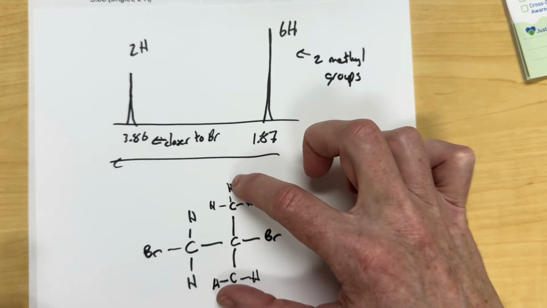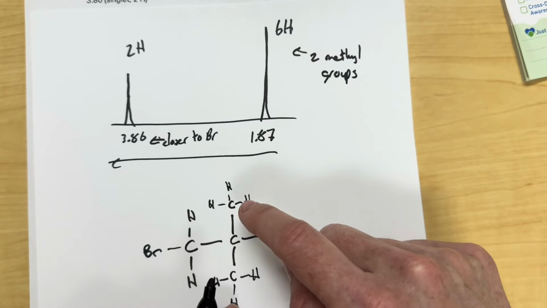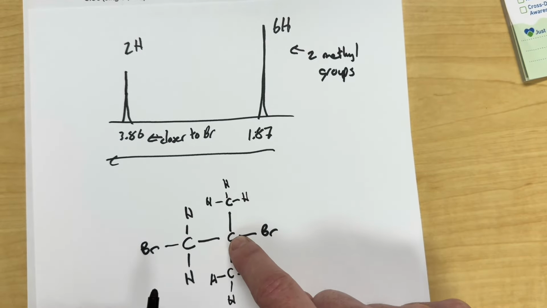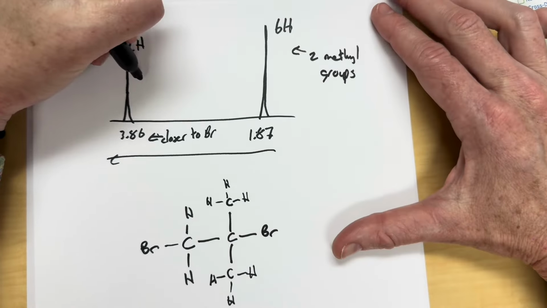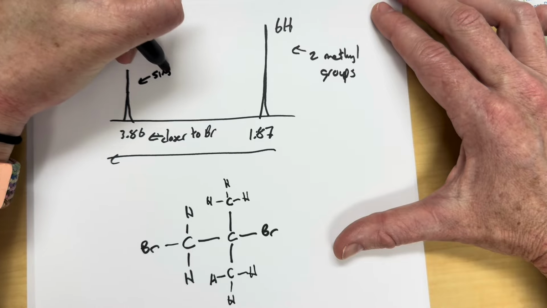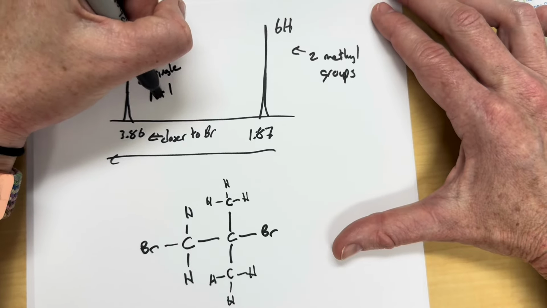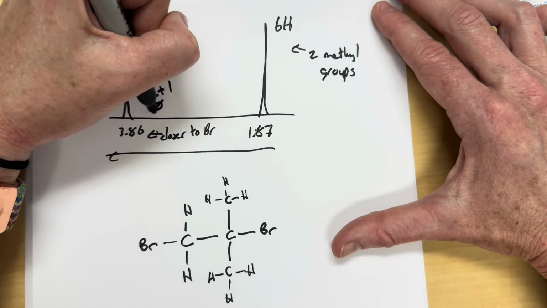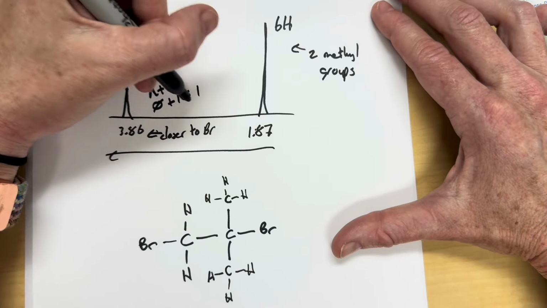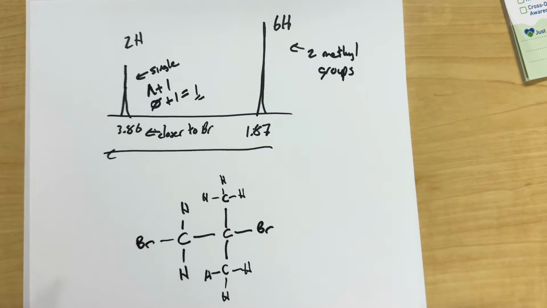If these are the methyl groups, and they look to their neighbor, their only neighbor here, there are no hydrogens on it. The reason I know there are no hydrogens, again, is this is a singlet. We know that this follows the n plus 1 rule, where n is the number of neighbors. This means there are 0 plus 1 in order to get 1 single peak. So this is the only possibility.